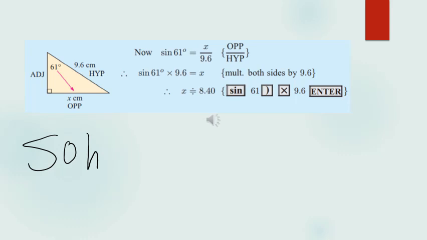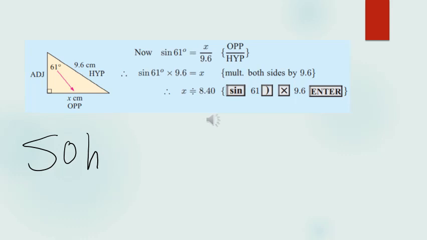So which rule are we going to apply? I think we're going to apply the sine rule. Remember? Sine equals opposite over hypotenuse. So here we have a given angle. So sine 61 is equal to x, which is the opposite, over 9.6, which is the hypotenuse.